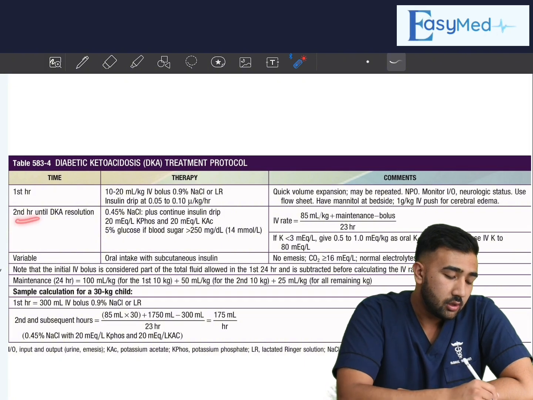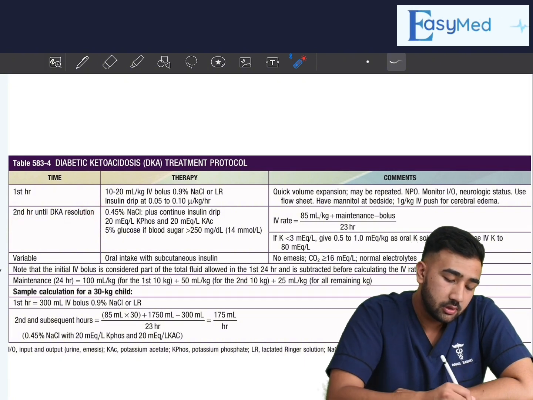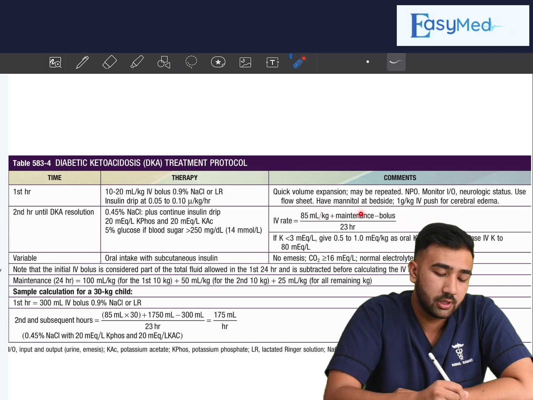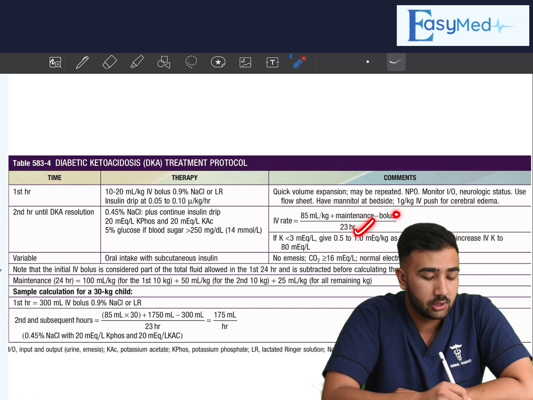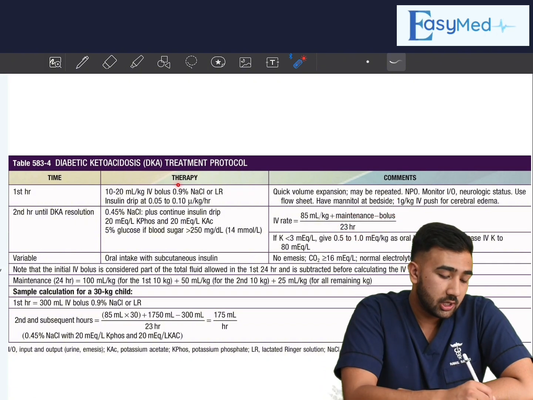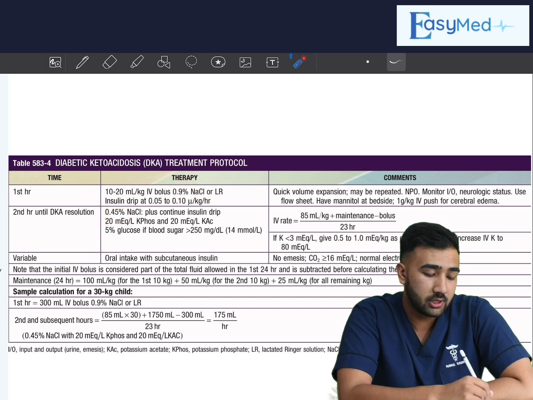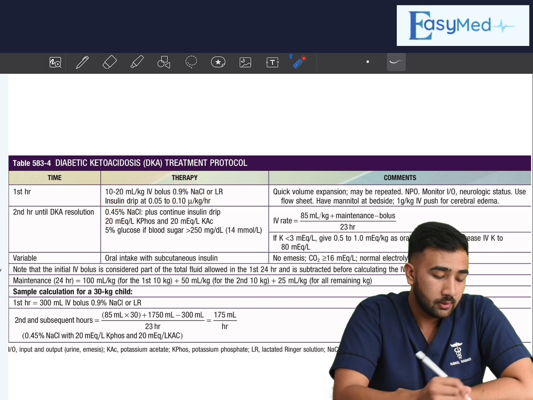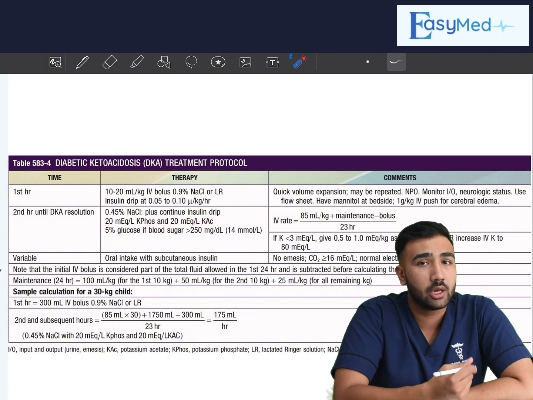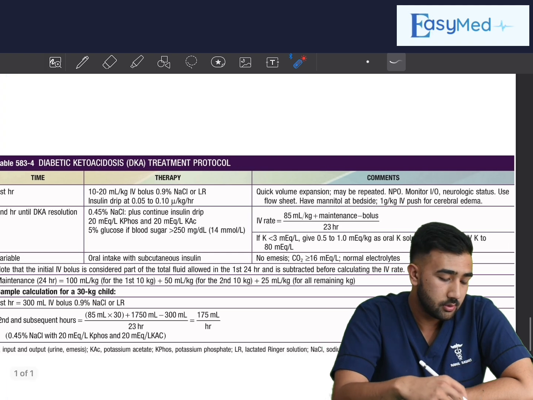Then second hour until the DKA resolution चाहिँ नि this is the rate of the infusion है त, 85 ml per kg plus maintenance minus bolus by 23 hour, which gives us the hourly infusion rate चाहिँ कति दिने भनेर. अनि like I said, first hour मा चाहिँ 0.9% दिन्छ भने second hour देखि चाहिँ 0.45% NS भनेर यहाँ सुरु गरेको छ है त. अनि यसमै चाहिँ नि 20 milliequivalent plus 20 milli potassium acetate र potassium phosphate छ. We can also use potassium chloride as well.